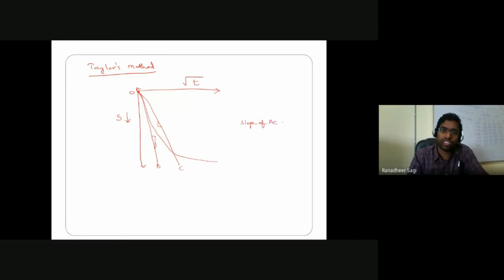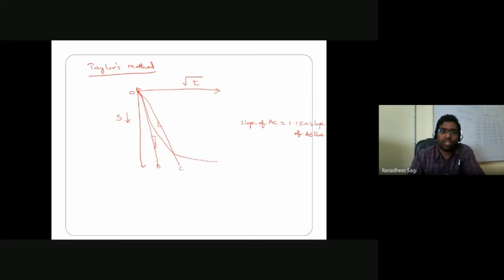The slope of the AC line should be equal to 1.15 times the slope of the AB line. You are required to draw another line AC such that its slope is 1.15 times the slope of your AB line. This is what is given by Taylor.